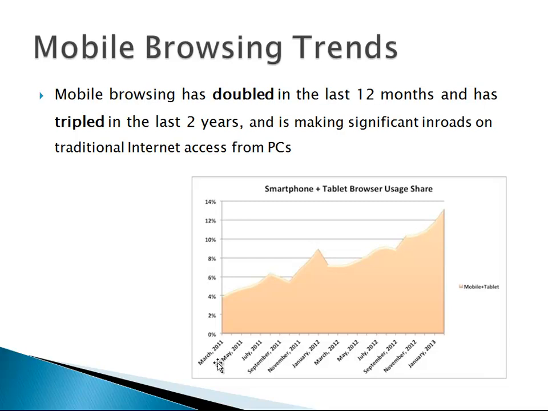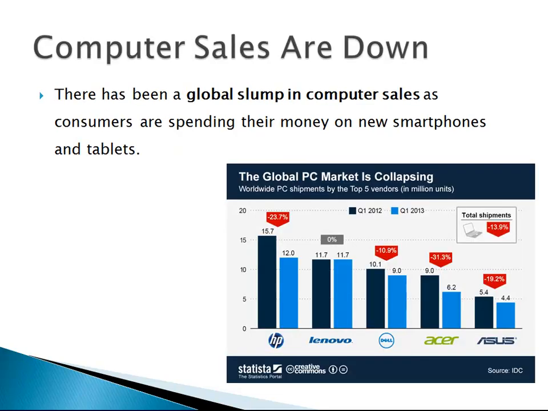And this is from 2011 to the beginning of this year, 2013. Computer sales are down. So obviously, as mobile web rises, computer sales are going to go down. There's been a global slump in computer sales because consumers are spending their money on new smartphones and tablets.